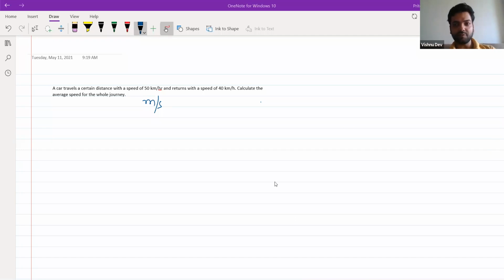I'm getting quite different results from everyone. Just go through the information: in one way the speed is 50 kilometer per hour, and through the return journey it is 40 kilometer per hour. You have to find the average speed.